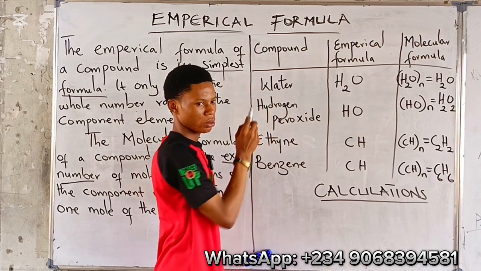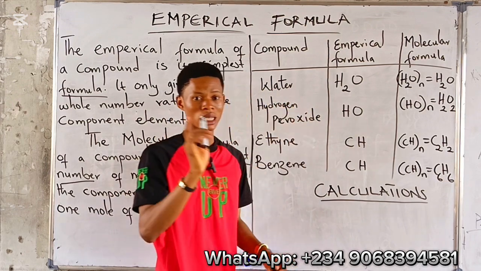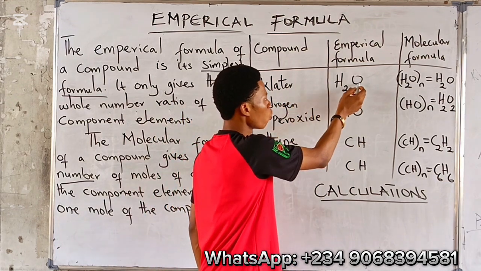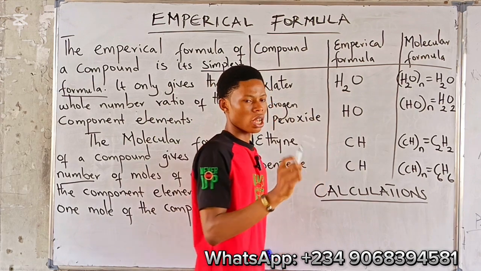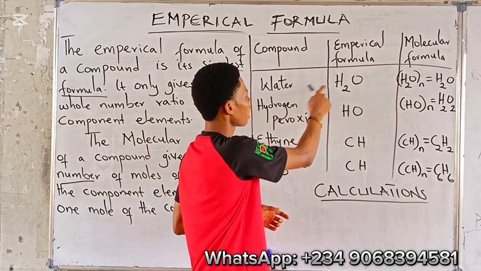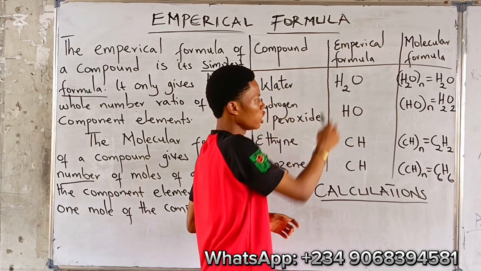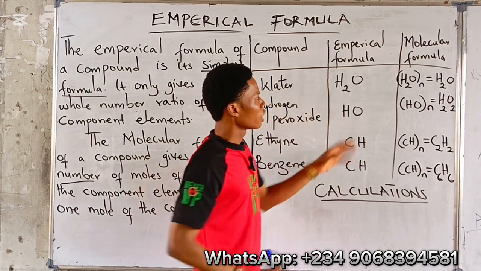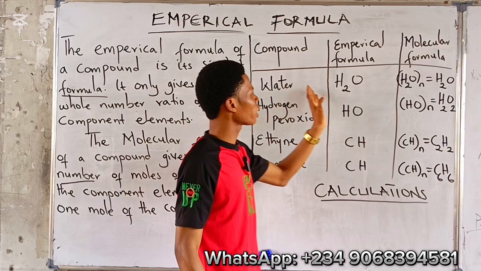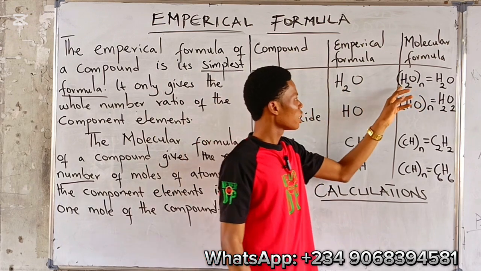This compound, water: the empirical formula, which is the simplest formula, is H2O. As you observe, water has just two elements, hydrogen and oxygen, in the ratio of 2:1, right? Now, the molecular formula of water is still H2O.